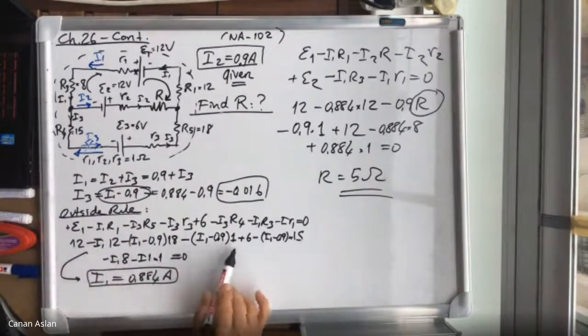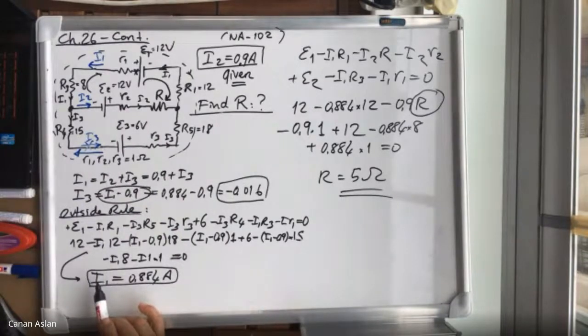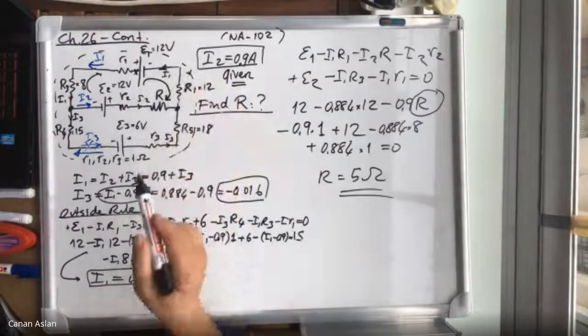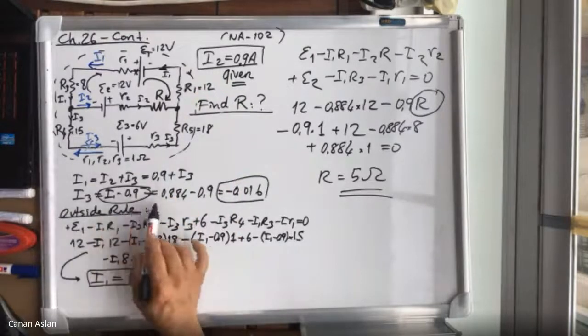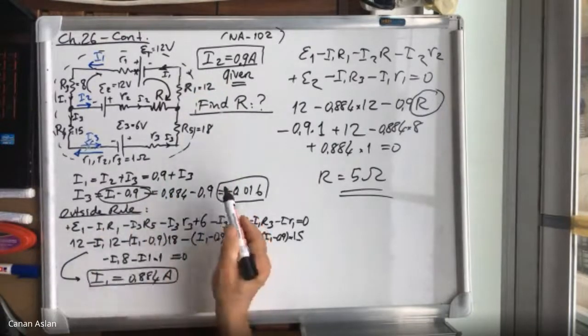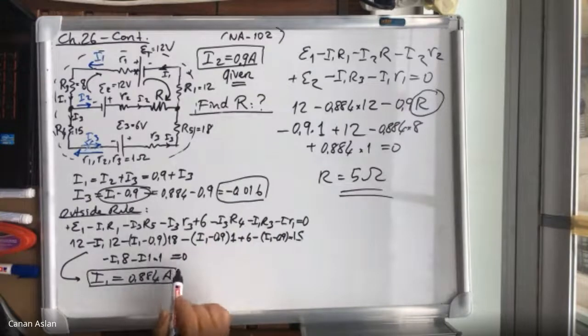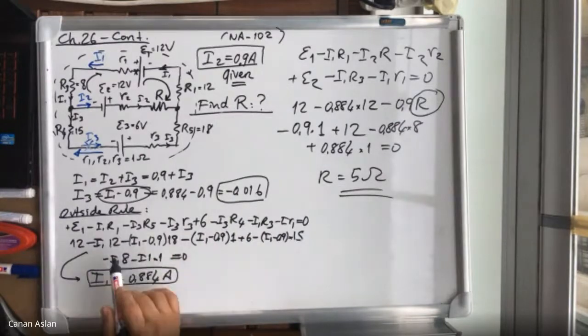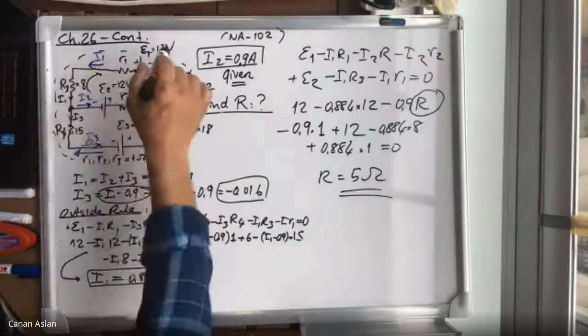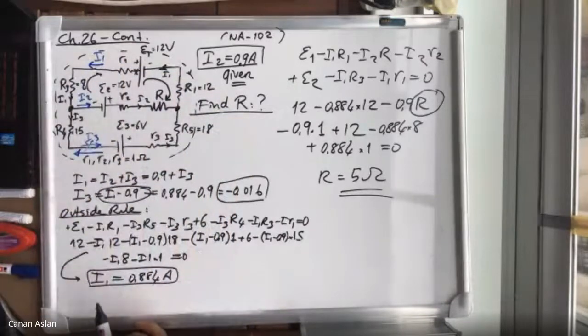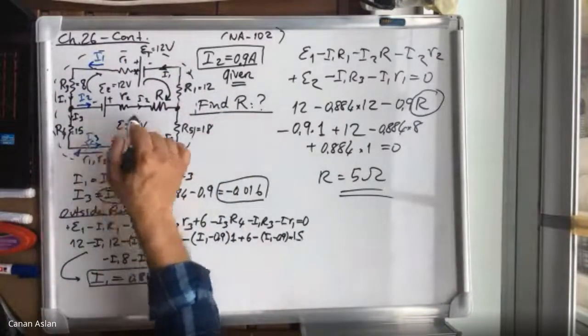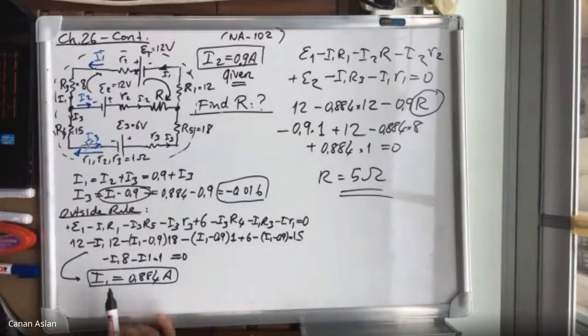In this case, the problem would be more complicated, but since I2 is given, I3 is readily found, and then by using this information, we can get the other current by just using one of the loops, which we chose, the outside loop. We could have also chosen the inside loop for this one, no problem. It would give us the result.